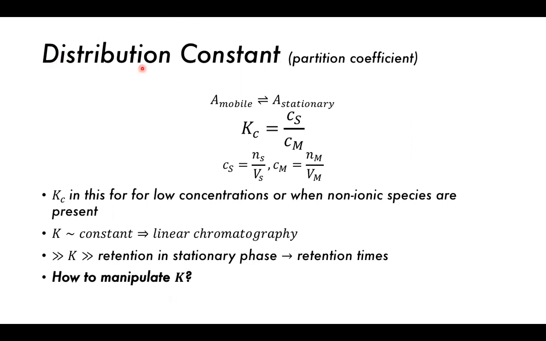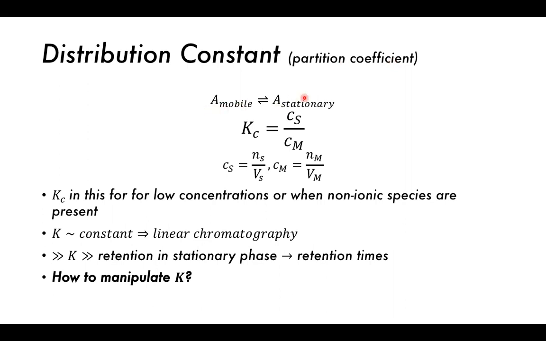This is related to a distribution constant or a partition coefficient between the mobile and the stationary phase, because remember, our analyte is in the mobile phase, but it may interact with parts of the stationary phase. And so it may momentarily precipitate out of the mobile phase and then back into it. This process results in changes in the speed at which it moves through the stationary phase.